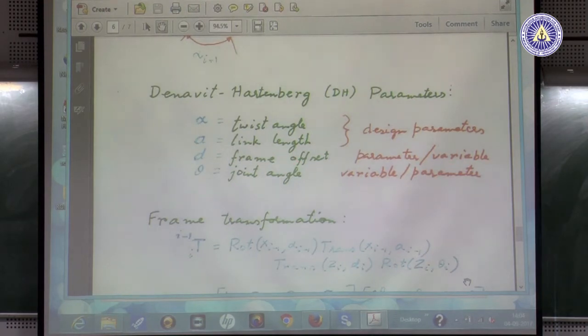Okay. Now, note that we were giving all the motions here about the local frame. Okay. So, we took a copy of that and went through successively this, which was about its local frame. That is why we go on post multiplying. Okay.